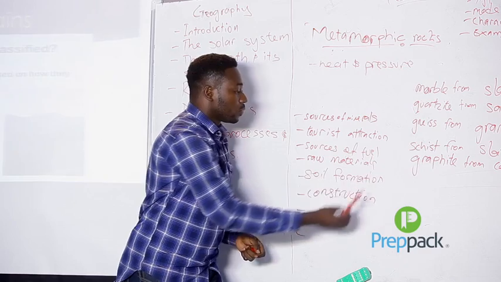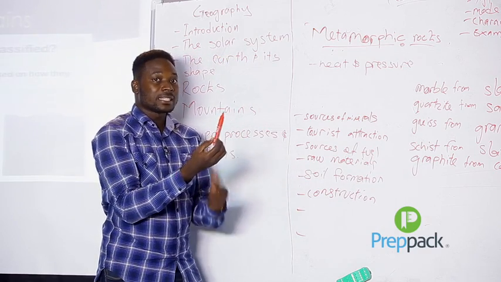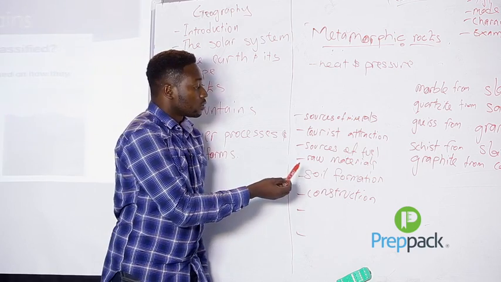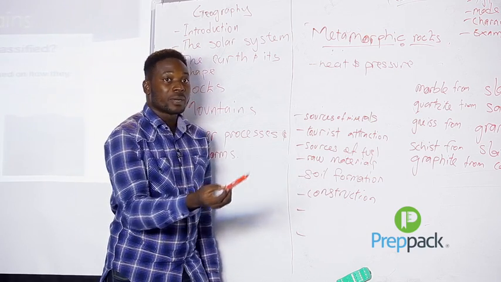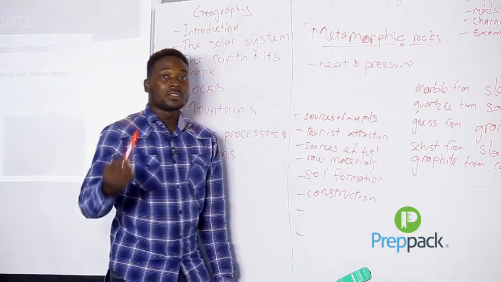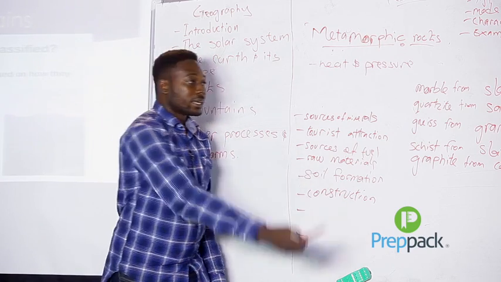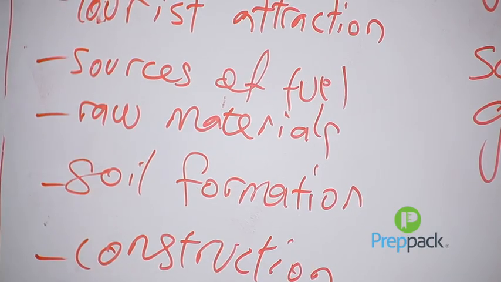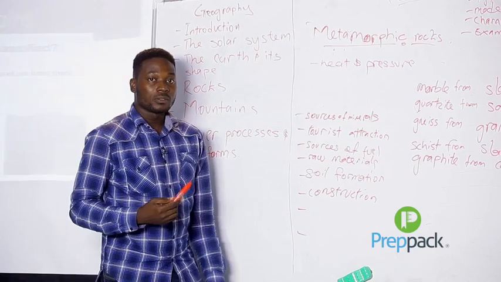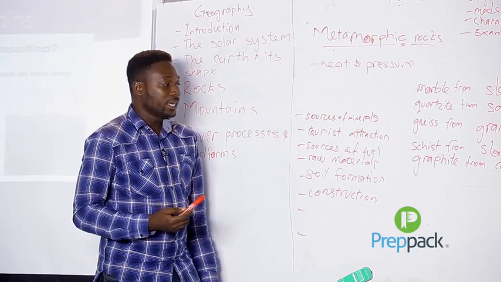Out of them, we have different sizes of rock materials and sand. And so the rock breakdown forms a part of the soil formation process. And lastly, rocks are used for construction purposes. Granite, limestone, like I said, and a lot of other rocks, gneiss, they are used in construction at various stages.